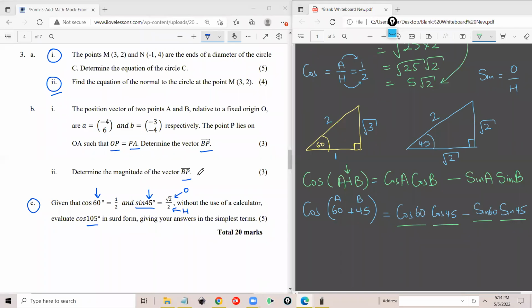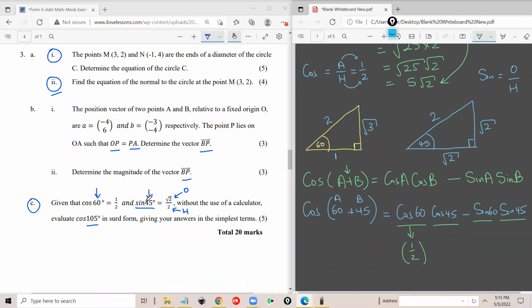Let me see if I can help you with at least two of them. So in case you're lost. Cos 60. Well, the examiner told us the value of cos 60 is a half. So I could throw away cos 60 and replace it with a half. But what about cos 45? The examiner never outright gave us the value of cos 45.